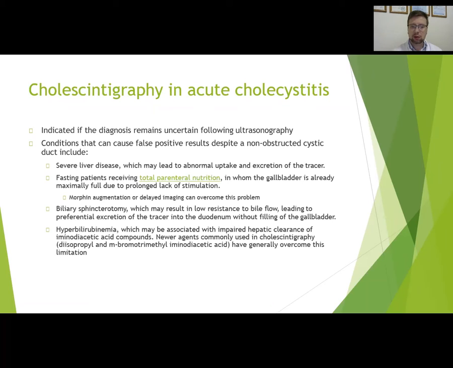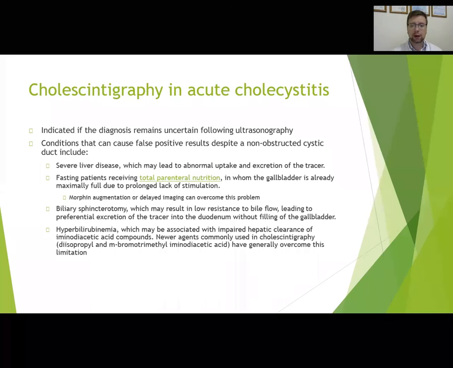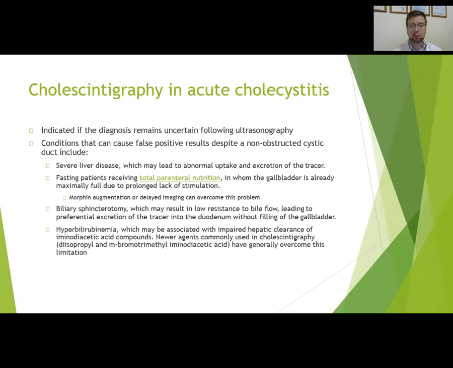Conditions that can cause false positive results despite a non-obstructed cystic duct include severe liver disease, which may lead to abnormal uptake and excretion of the tracer; fasting patients receiving total parenteral nutrition, in whom the gallbladder is already minimally full due to a prolonged lack of stimulation; and biliary sphincterotomy, which may result in low resistance to bile flow, leading to preferential excretion of the tracer into the duodenum without filling of the gallbladder.